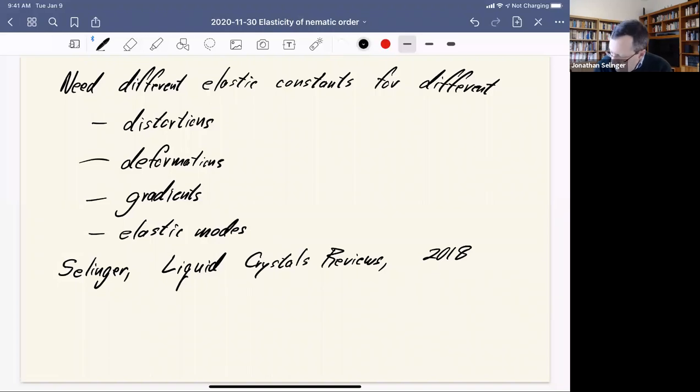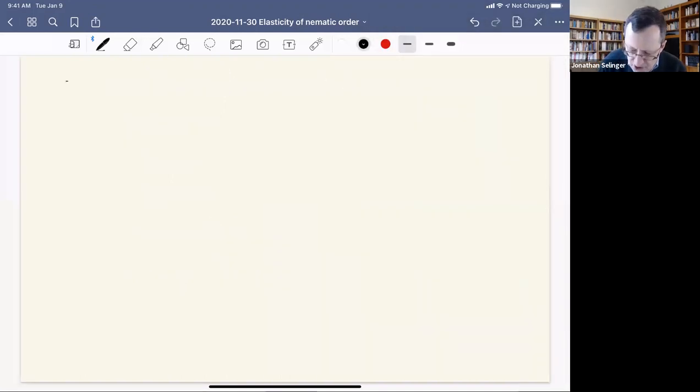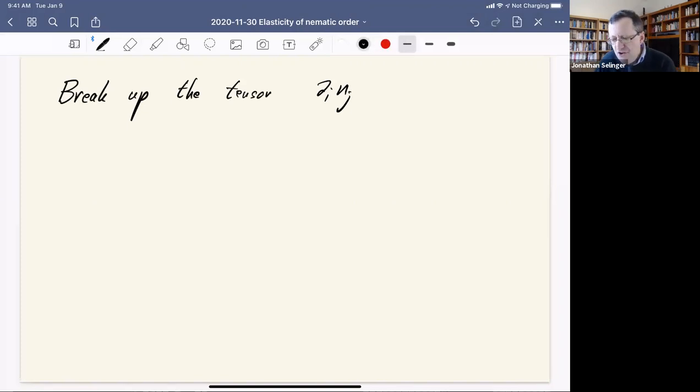So the story in this article is based on the idea of tensors, right? We want to break up the tensor del_i n_j. This is a tensor. It's a 3x3 matrix, which shows all the ways that one component of n could depend on one component of position.